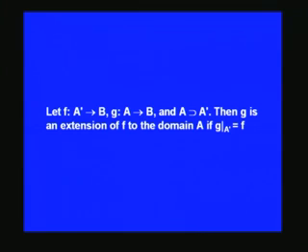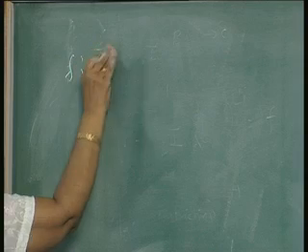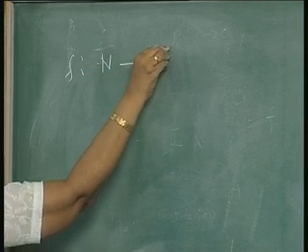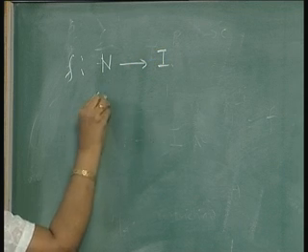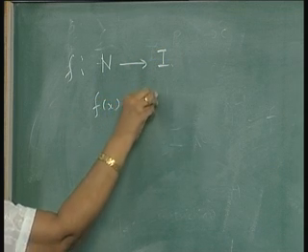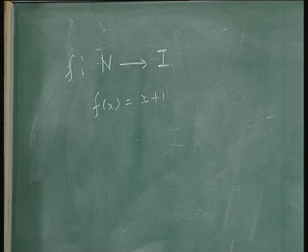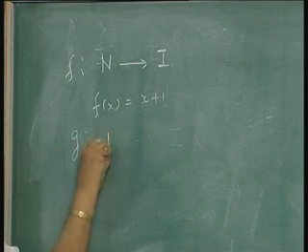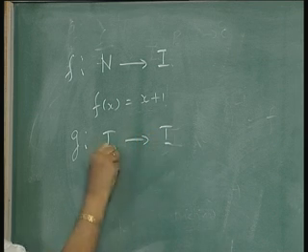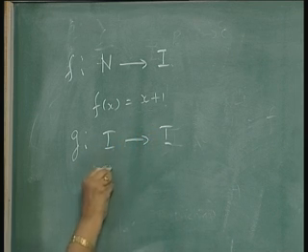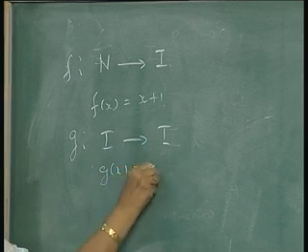For example, you consider this. F is a function, say in this example, non-negative integers to I, that is f of x is equal to x plus 1 or whatever, x plus 2 or something. Then g, you define the same function, but the domain is a bigger domain. Again you define g of x in the same way.